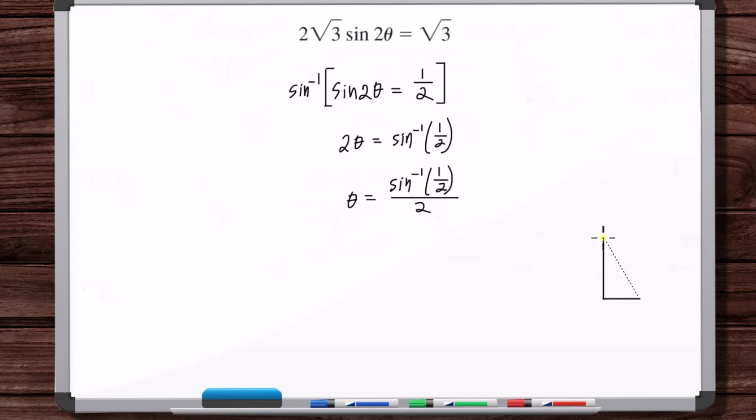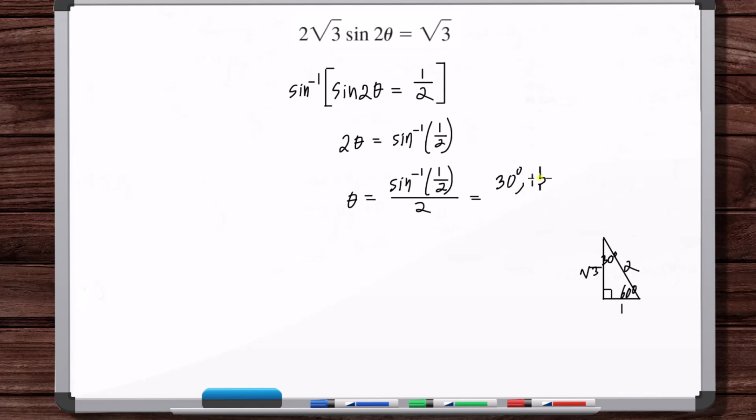If we think about a 30, 60, 90 triangle, so 1, root 3, 2, sine of 30 is 1/2, opposite over hypotenuse. 1/2 is positive, so sine is positive in the first and second quadrants, so we've got 30 degrees. Now, what angle in the second quadrant has reference angle 30 degrees?